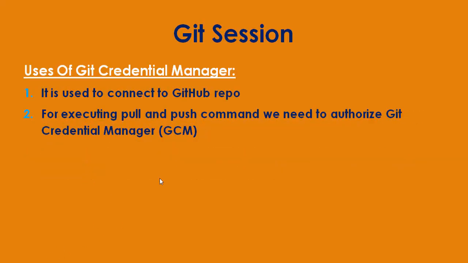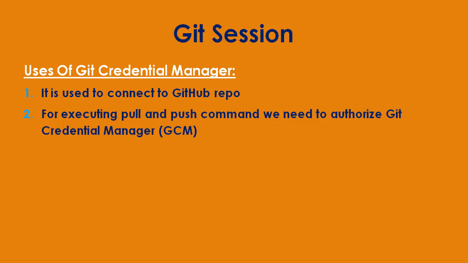So what are the uses of Git Credential Manager? The Git Credential Manager is used to connect to the GitHub repo. That's why when we are executing this push command or pull command from GitHub to local Git, or push command from local Git to GitHub repository, the internet connection should be on and Git Credential Manager authentication is required, and it should be authenticated by using your Git credential setup on Windows.